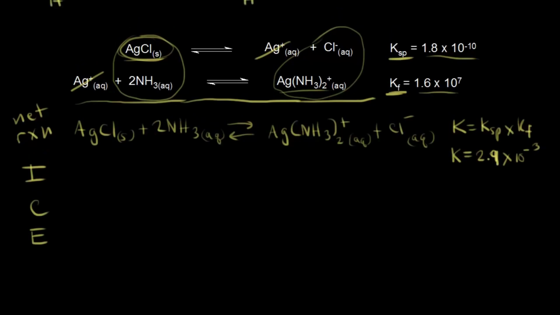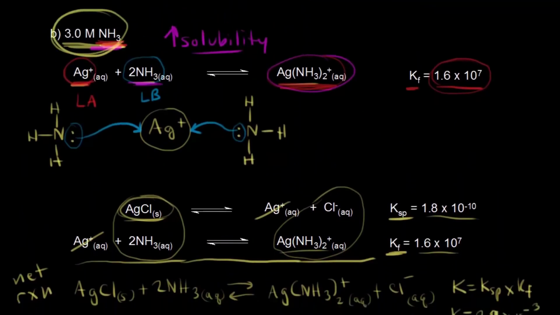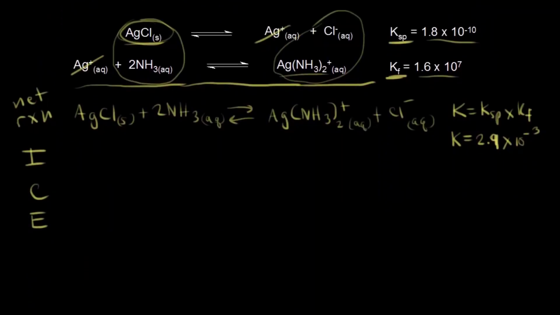We started with a 3 molar solution of ammonia, so our initial concentration for ammonia is 3 molar. If we haven't added any silver chloride, then we don't have any complex ion, so that initial concentration is 0, and the chloride anion concentration would be 0 too.